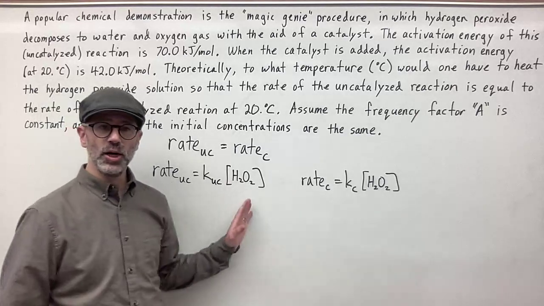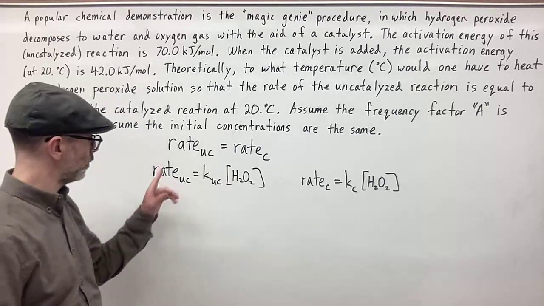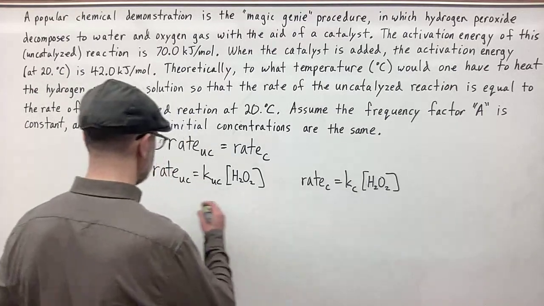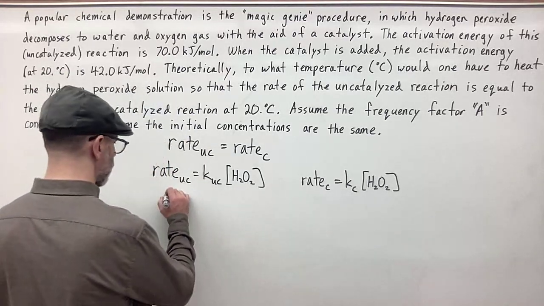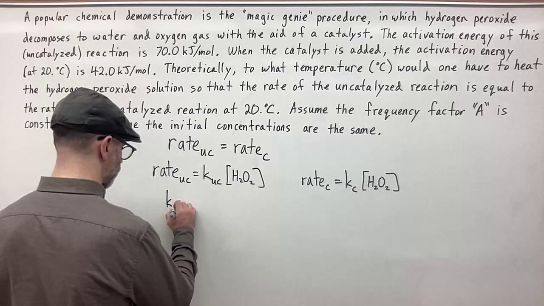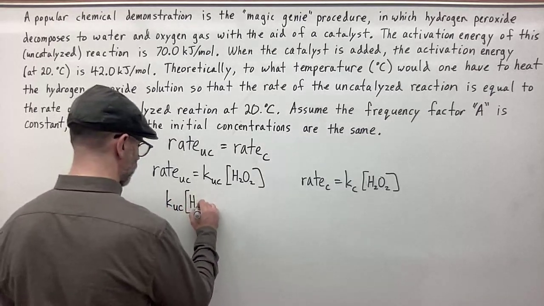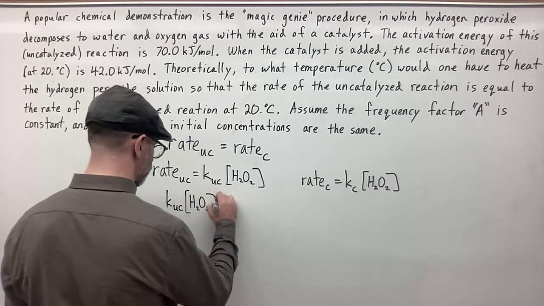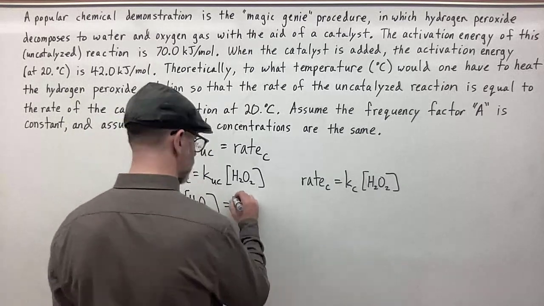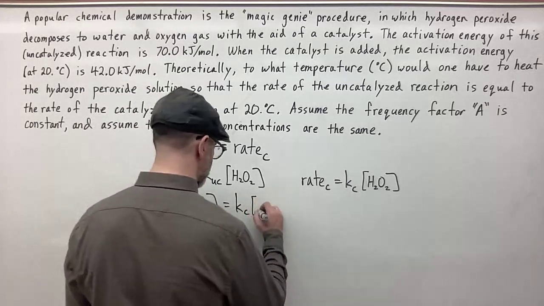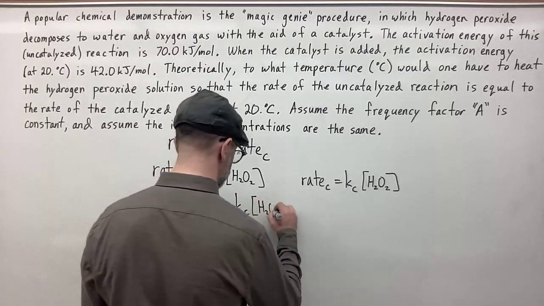And so here we can see that if the rates are equal, then the rate constant of the uncatalyzed multiplied by the concentration of H2O2 is going to be equal to the rate constant of the catalyzed multiplied by the concentration of H2O2.